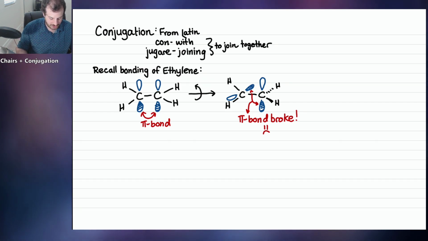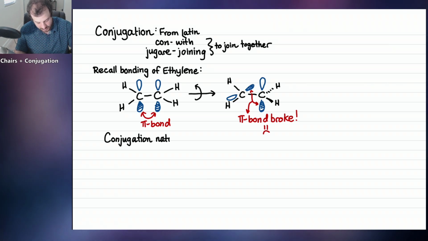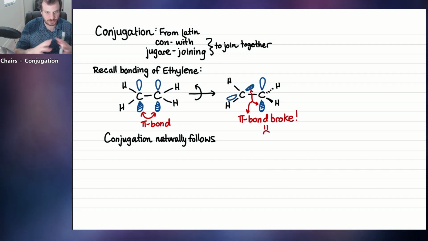But what's interesting about this is that conjugation naturally follows from this. What conjugation is, is that multiple pi bonds will line up and they will become locked together as one long pi bond. That's conjugation. So multiple pi bonds line up.